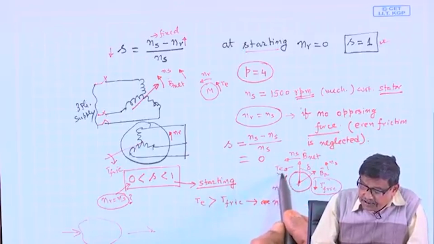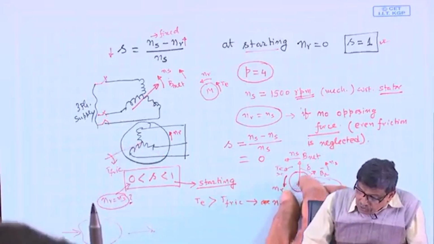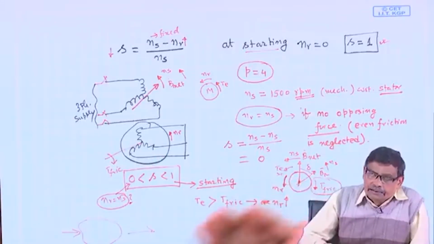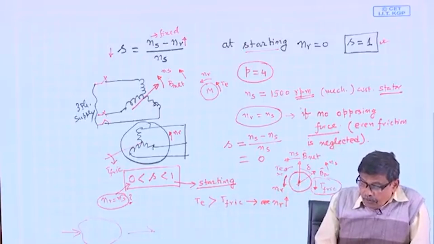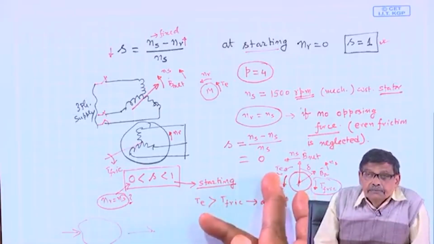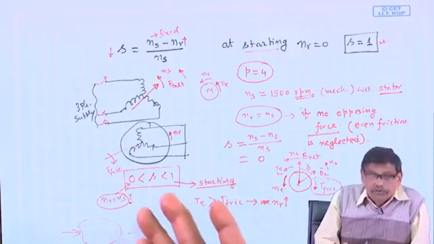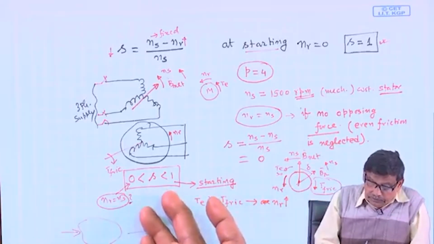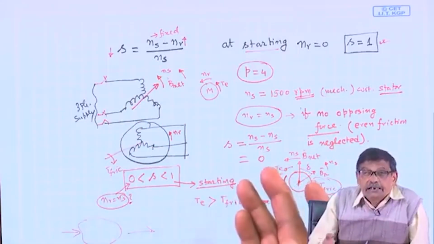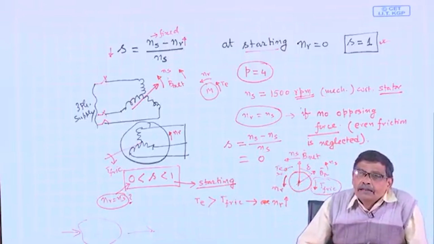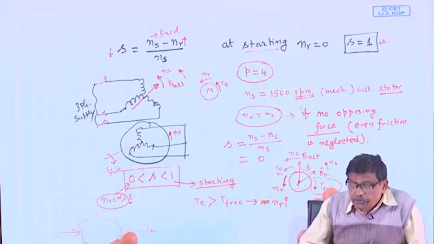So long as Te is greater than 0, it will go on accelerating. In this way, Te was greater than T friction when you started at slip equal to 1, but with time Te is decreasing and soon a time will come when Te will be equal to T friction.